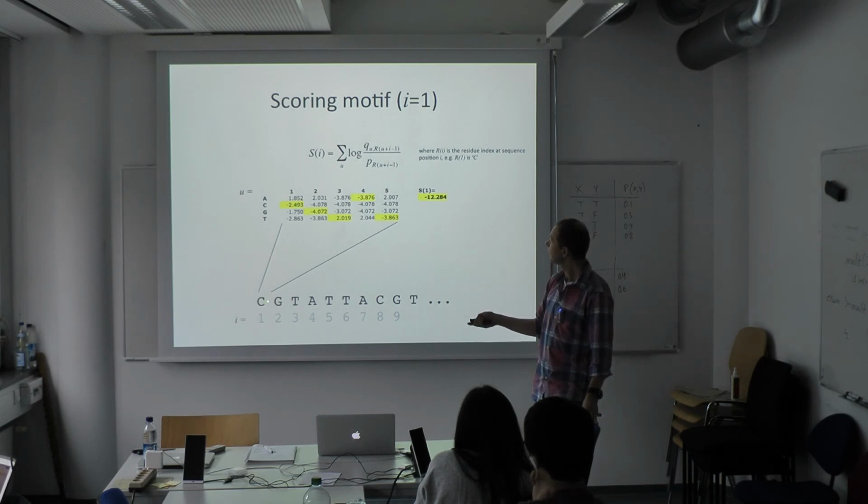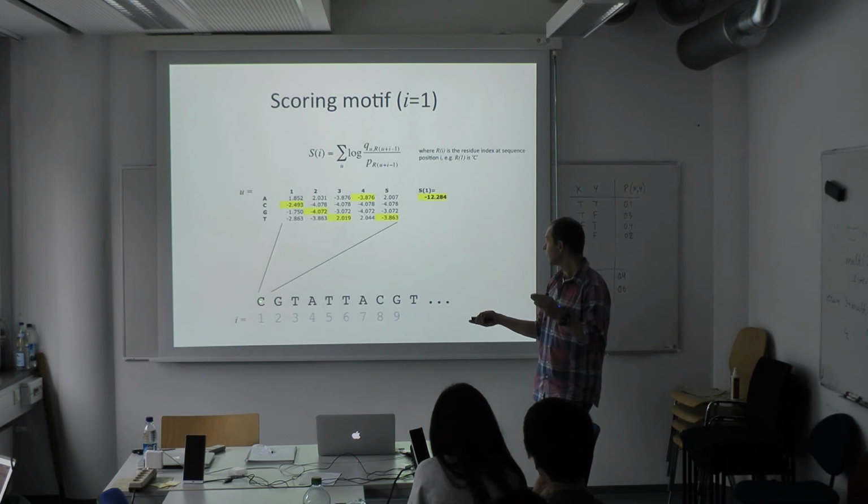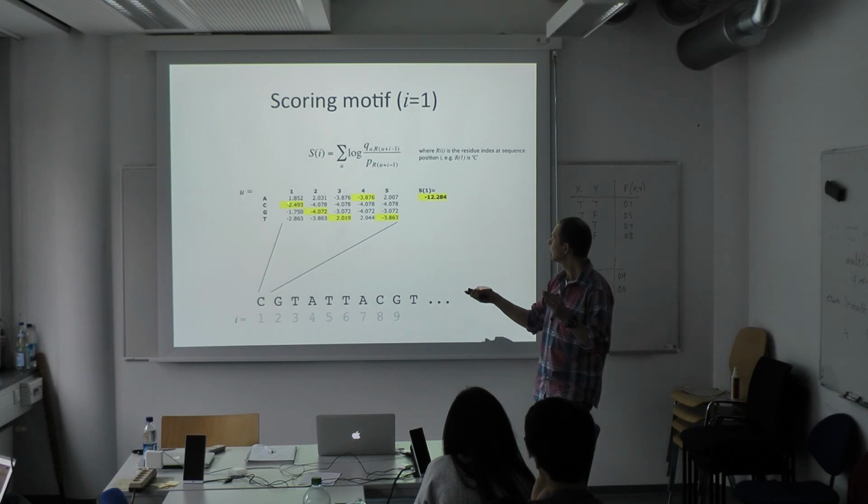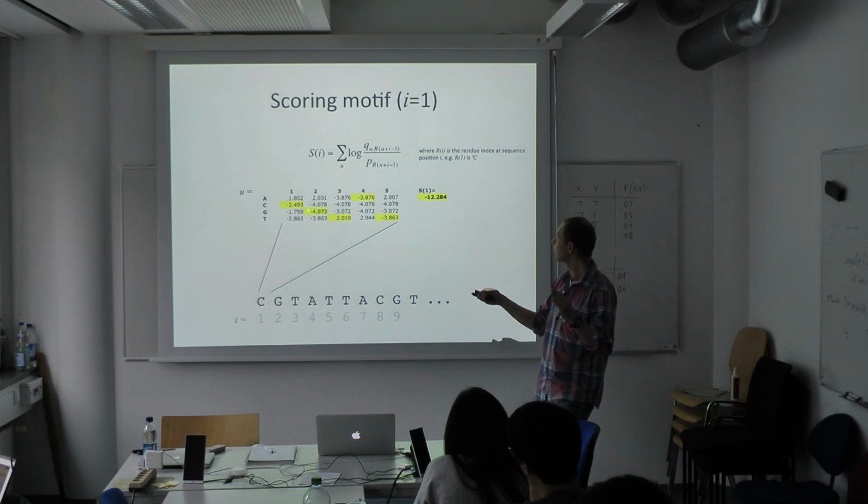I'm going to identify the position in that matrix which aligns with, or that is appropriate for the symbol. So C in this case would be the second element in the first column. This G here, since it's the second symbol in the sequence, will be the second column in this scoring matrix, and G would be the appropriate row there. So I've indicated what we're dealing with here.